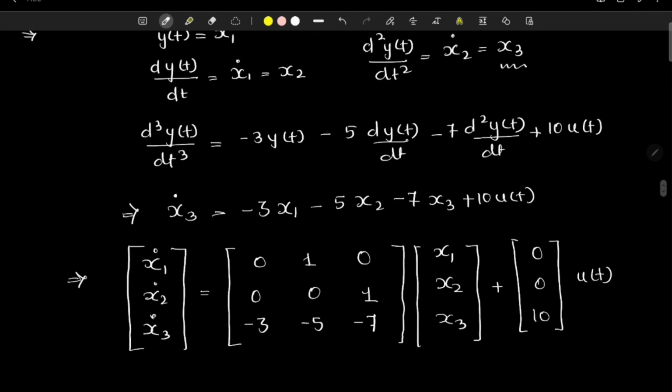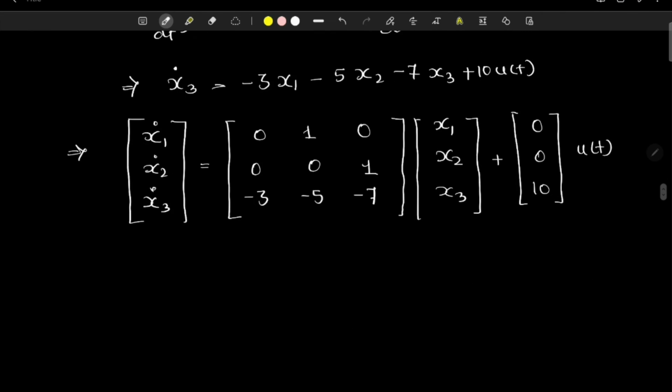Similarly, what is y of t? That is x1, so y will be equal to x1, right? So this will be 1 0 0 times x1 x2 x3.